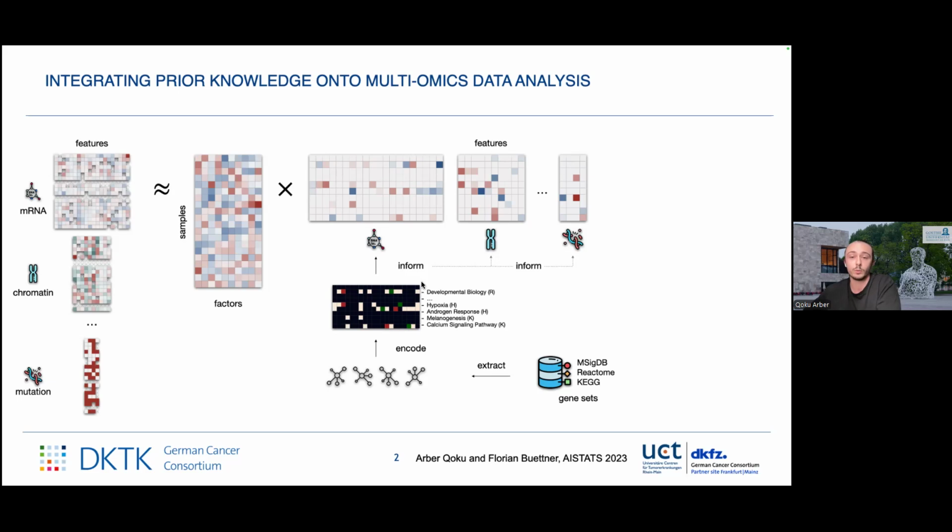And second, the model works quite well even when informing a single modality. In this example, we inform the RNA only because it consists mostly of genes compared to a proteome or a mutation modality. Then the shared factors allow the prior information to flow to the uninformed views.